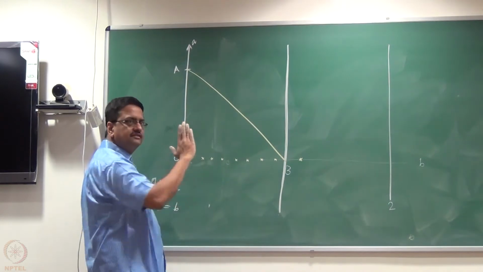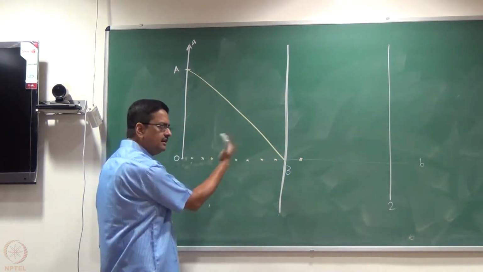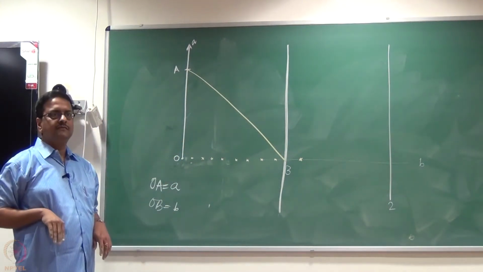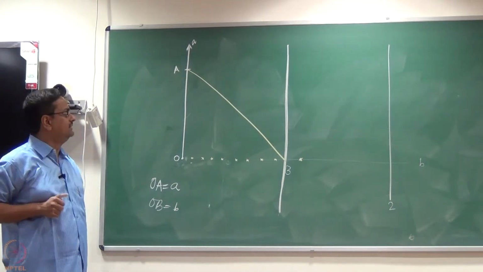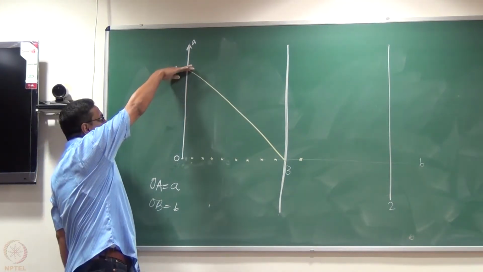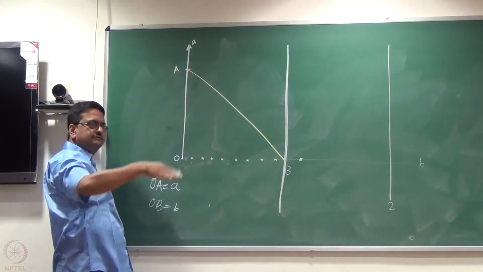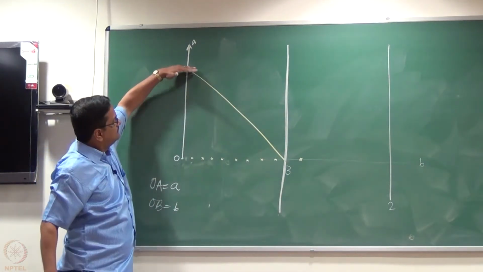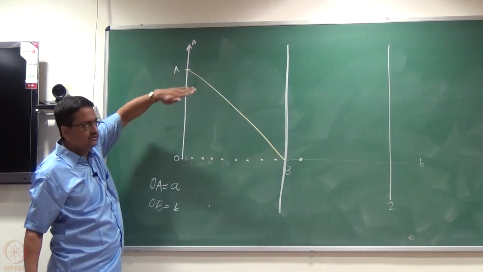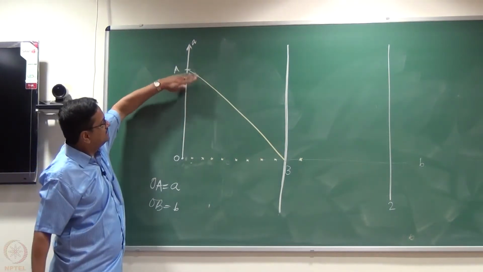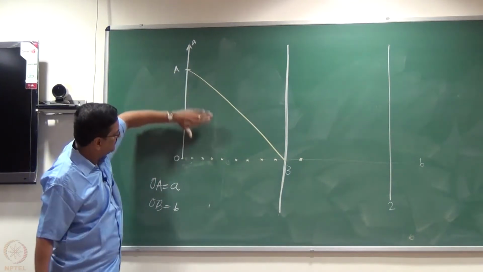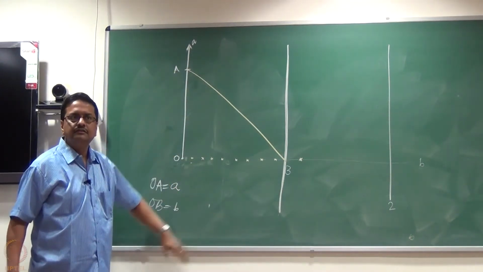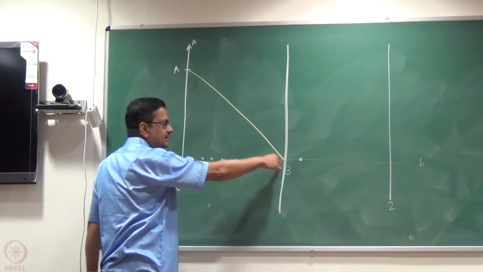At different distance from origin, but they are all parallel to OA. Now I am talking about set of planes which cut A at 1 and go like this. From here, the plane goes like that. From here, the plane can go like this. From here, the plane can go like that. Similarly, it can go and cut here at 1.